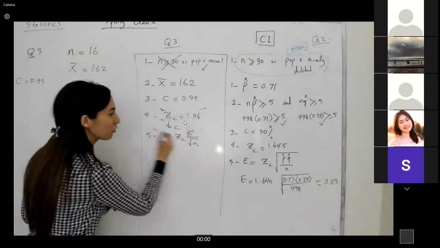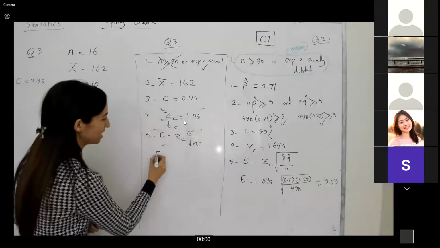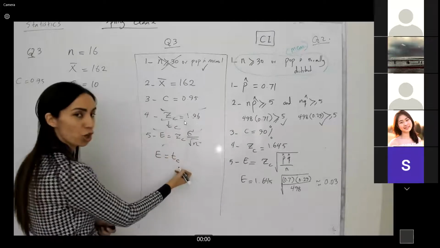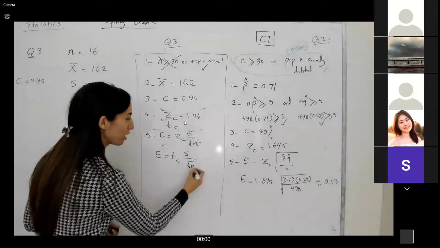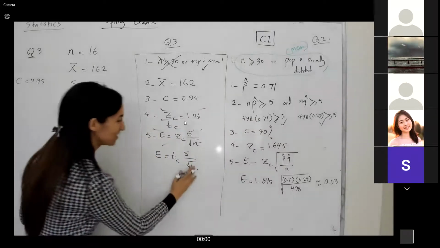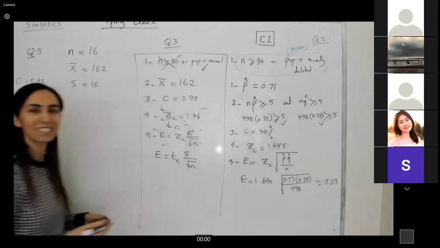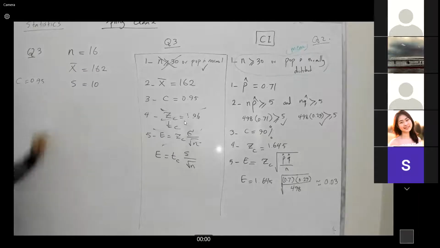It is TC times S over square root of n. Sigma is not given to us. What's given? The sample standard deviation.